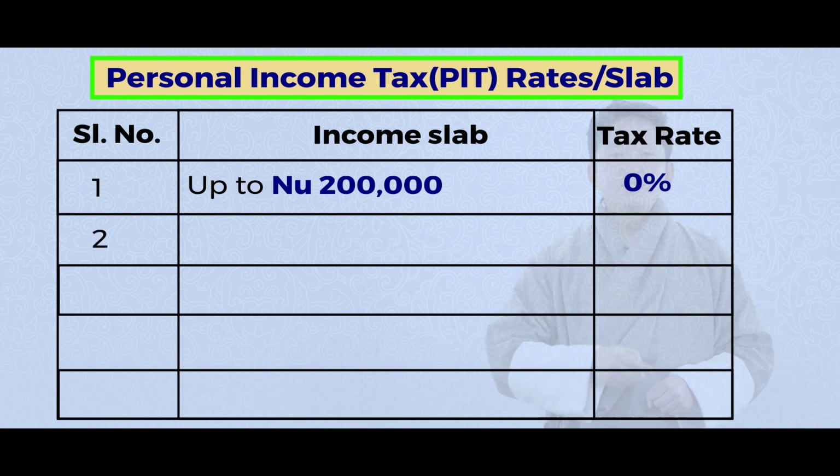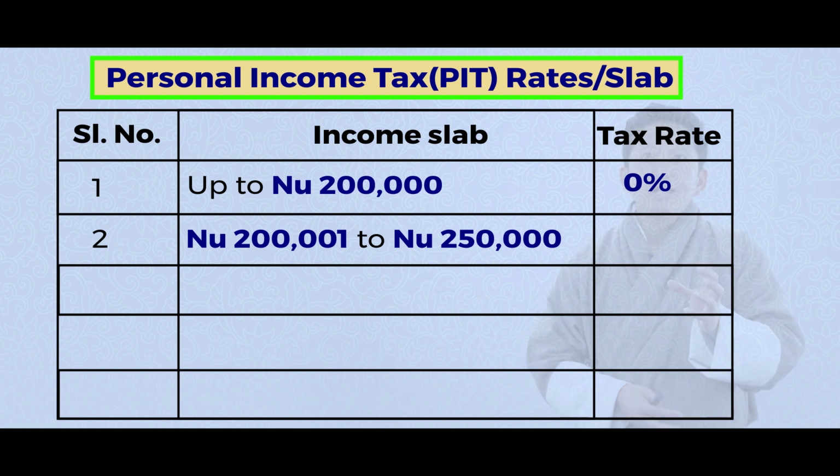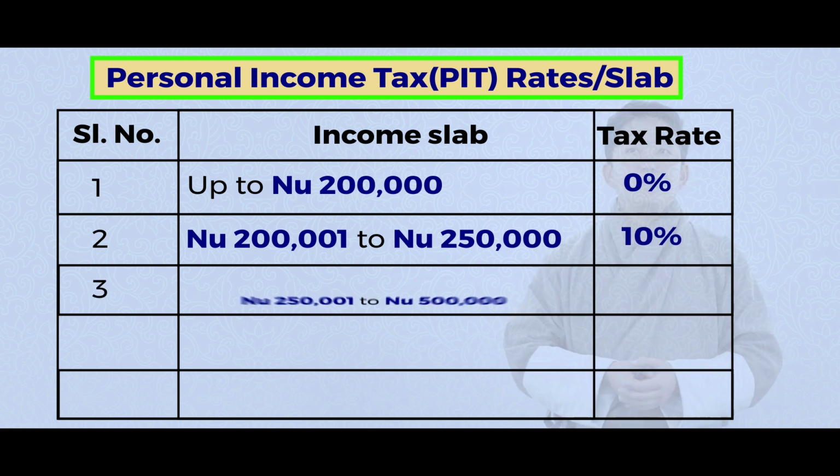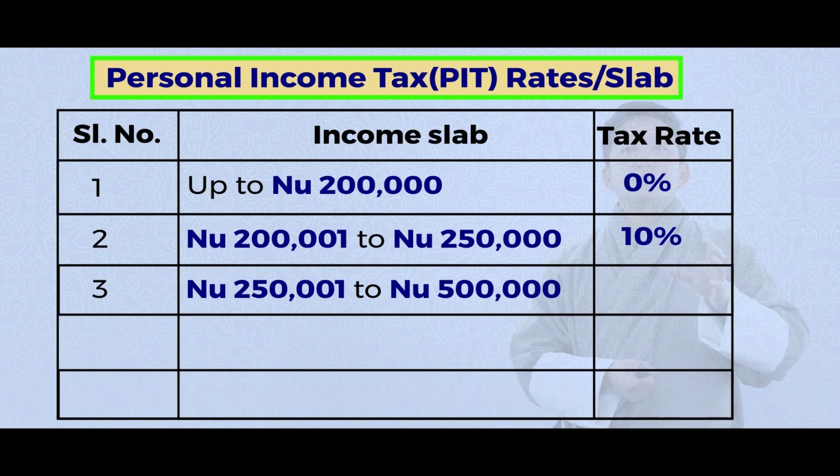Then in the second slab, if your total income exceeds Nu 200,001 till Nu 250,000, then you have to pay 10%. And in the third slab, Nu 250,001 to Nu 500,000, if that is your total income, then you have to pay 15% tax.